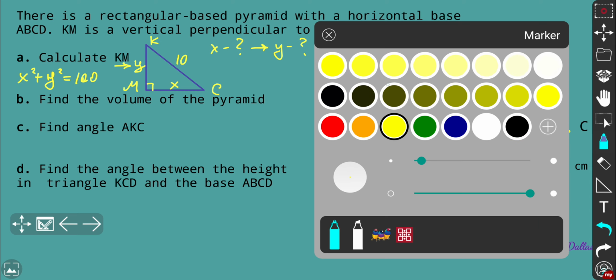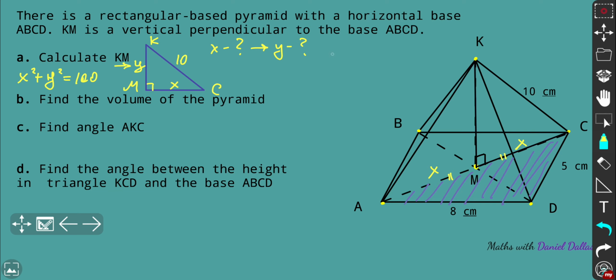Okay, so let's have a go. Triangle A, C, and D, from which we can figure out that 2X is the hypotenuse, so 2X squared will be equal to 8 squared and 5 squared together. Using a calculator, you can figure out the X value.